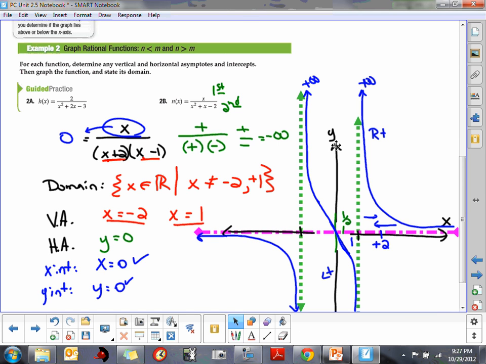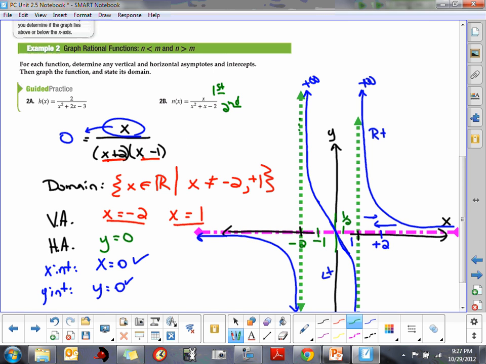And again, just a quick sign analysis. Since this was at a -2, if we were to put in a -1, I bet we would find that it's going to go towards positive infinity when we're just to the right of this vertical asymptote I'm looking at here. So put in a -1. -1 for x makes that a negative. In the numerator, put in a -1 plus 2. -1 plus 2 is going to be a positive. And any number in between these will always give you a positive.